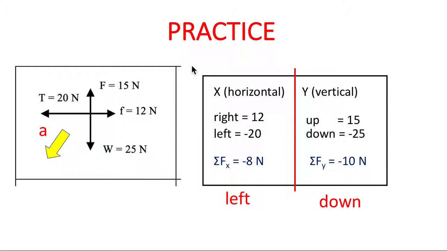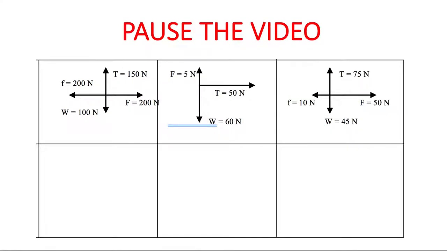This is the direction the object will accelerate. There are 3 more examples on this row. Please pause the video so that the students can try to work through these examples on their own, and then when they're ready, you can continue the video.